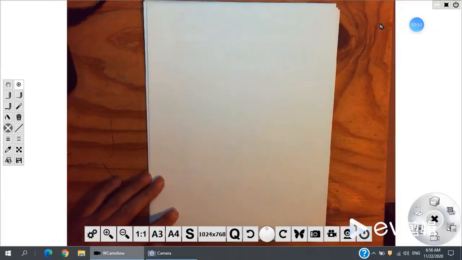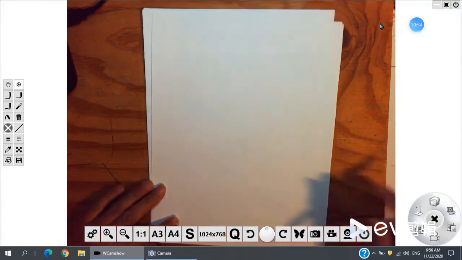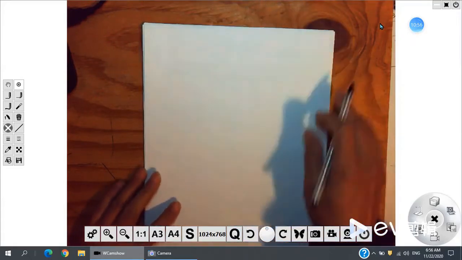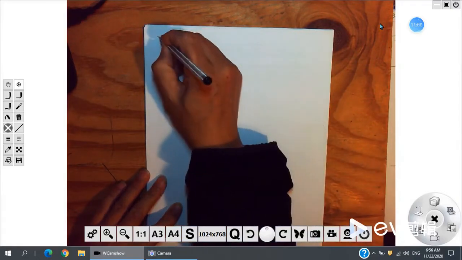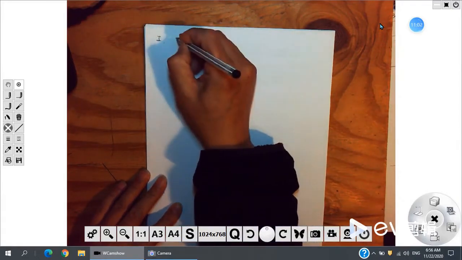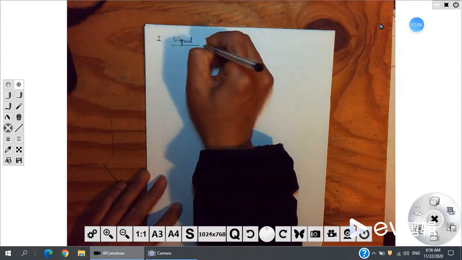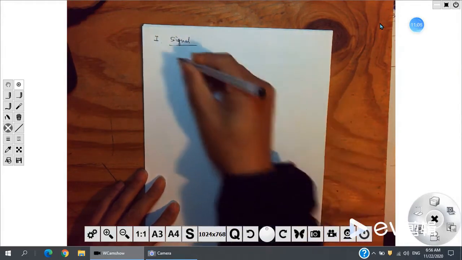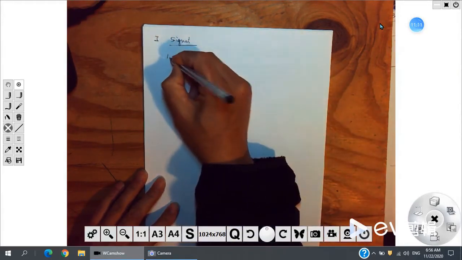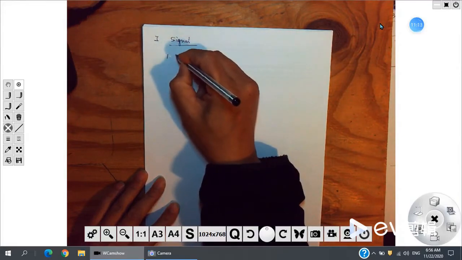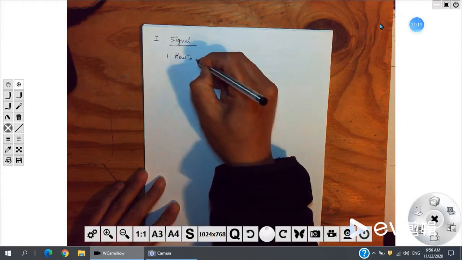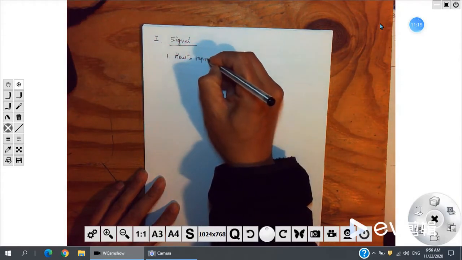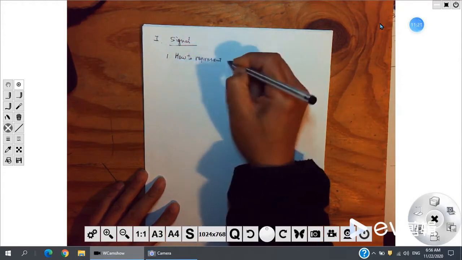Then let's go over the materials. We have studied several things. The first one is about signals: how to represent a signal.